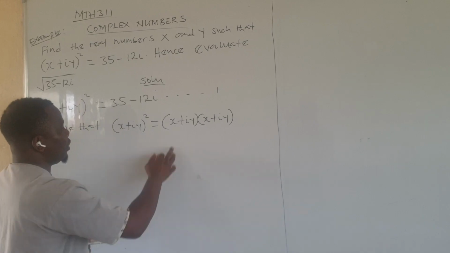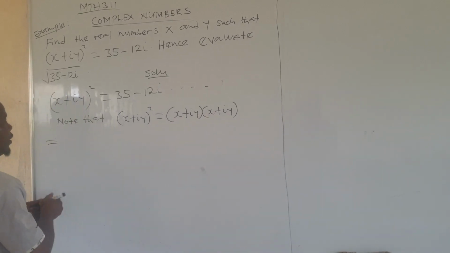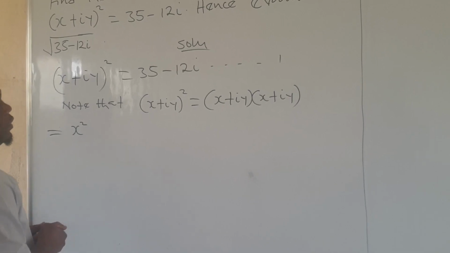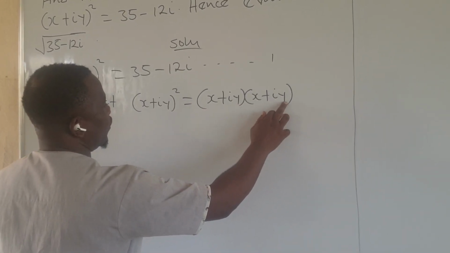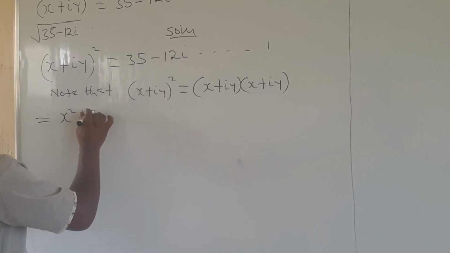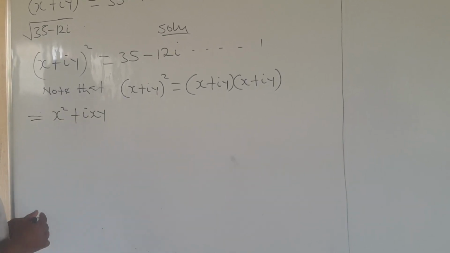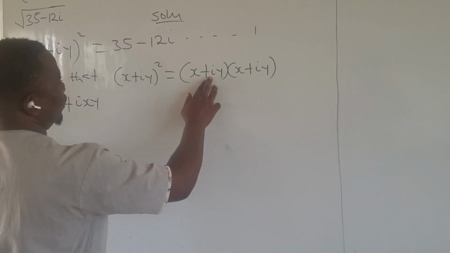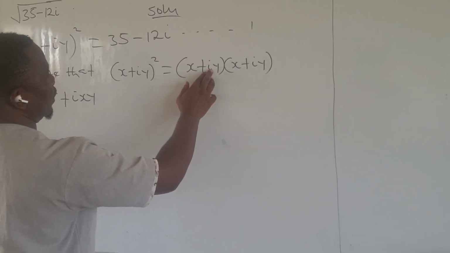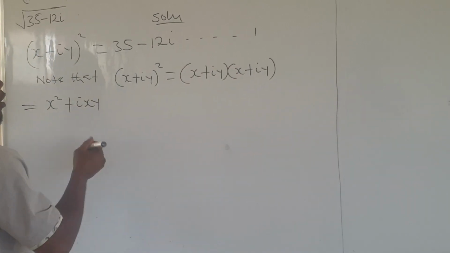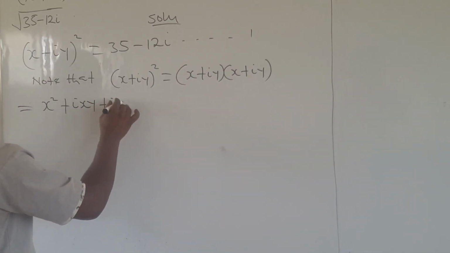Let's go. x times x will give us x squared. Then x times iy will give us plus ixy. We are done with x. Now let's look at iy. iy times x will give us ixy.